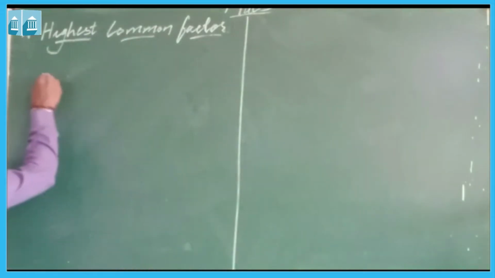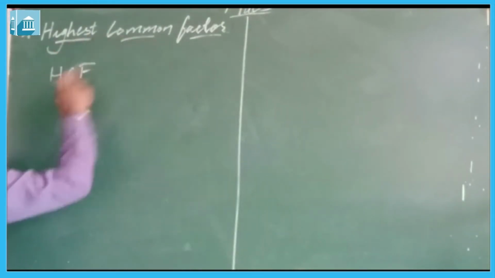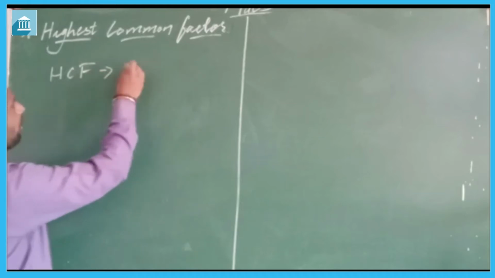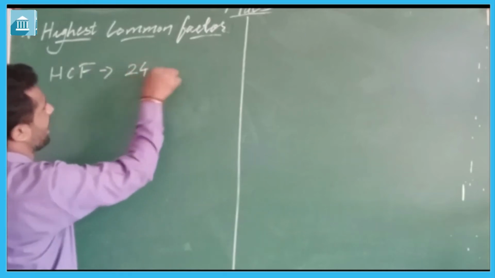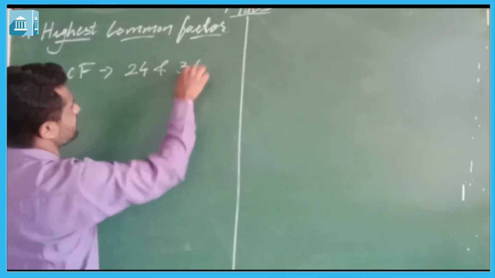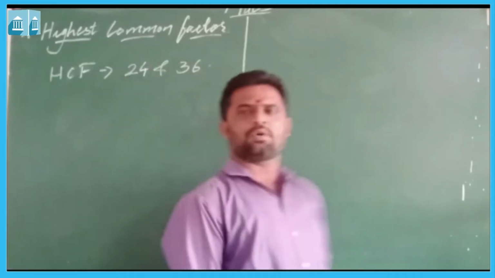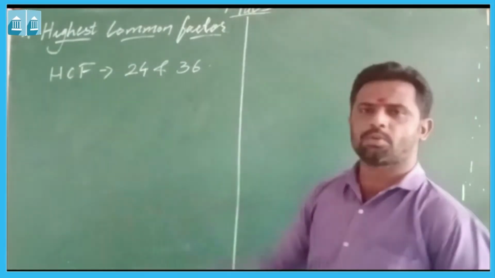Let us see. Suppose we want to find the highest common factor, that is HCF. Highest common factor is also known as HCF. If we want to find the HCF of 24 and 36, there are two methods.